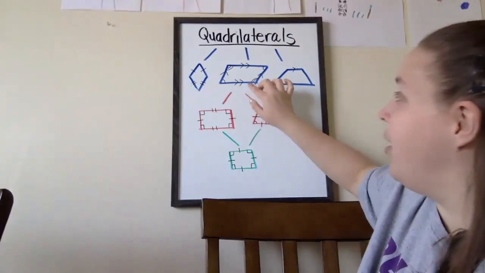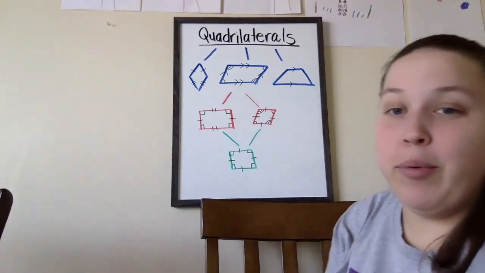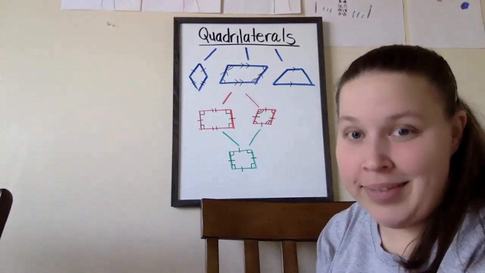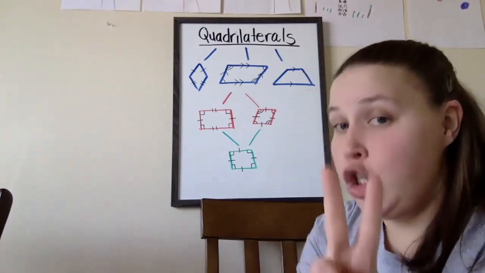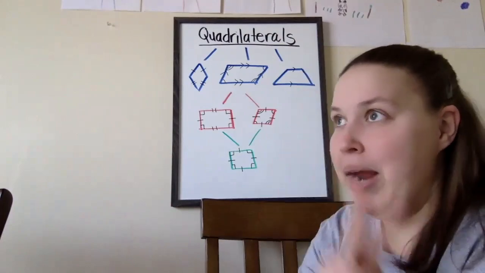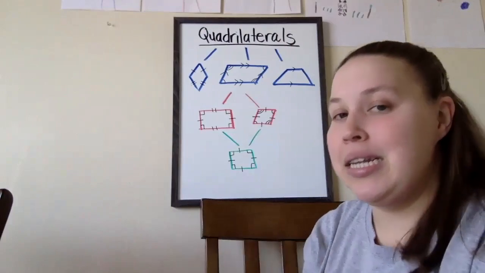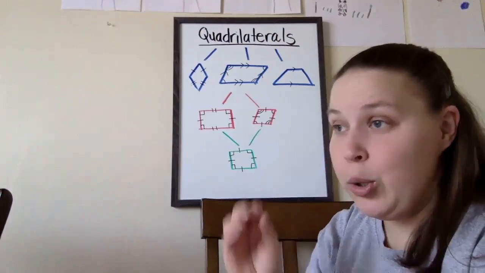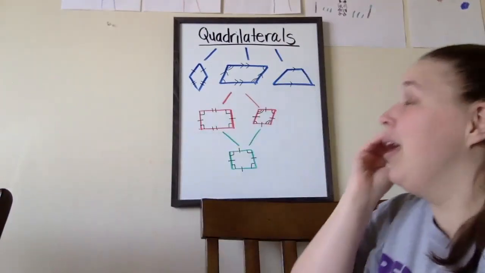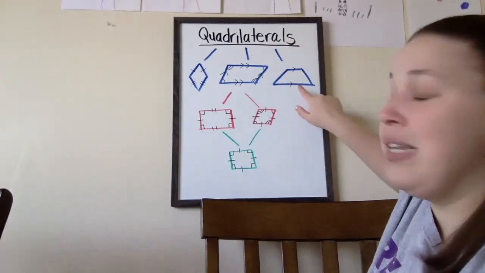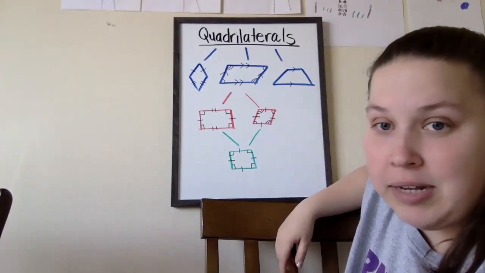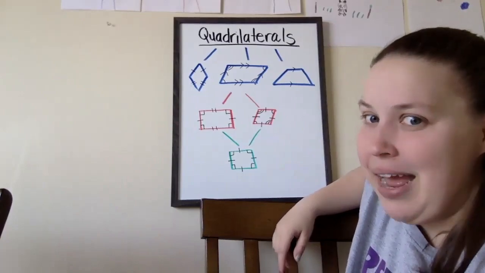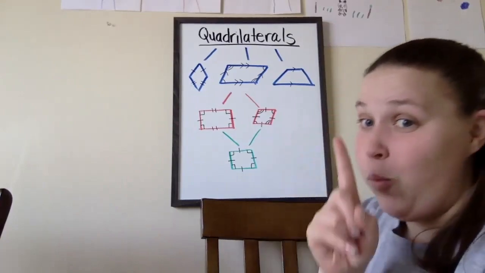All right, parallelogram. What do we know about a parallelogram? 2 sets of parallel sides. Hence the name parallelogram. Okay? A trapezoid, though, does a trapezoid have 2 sets of parallel lines? How many does it have? It only has 1 set.